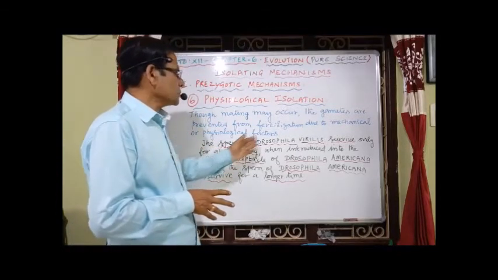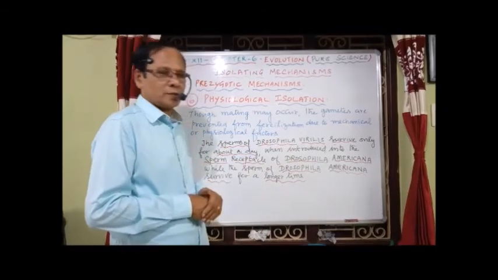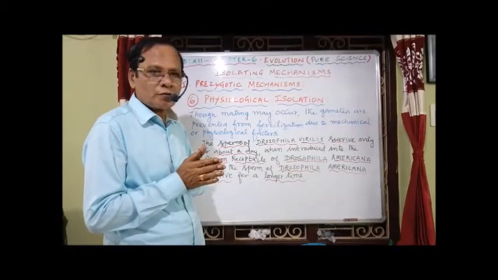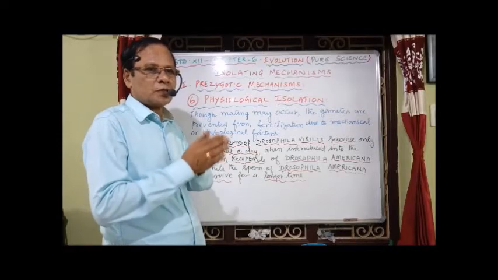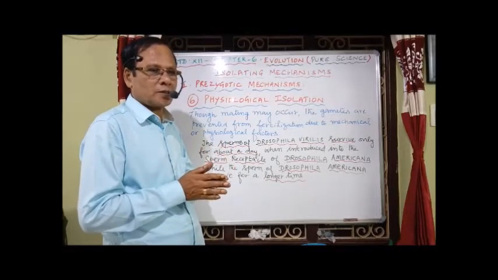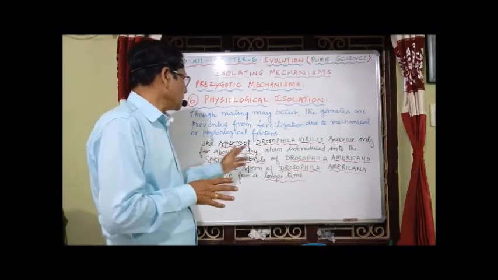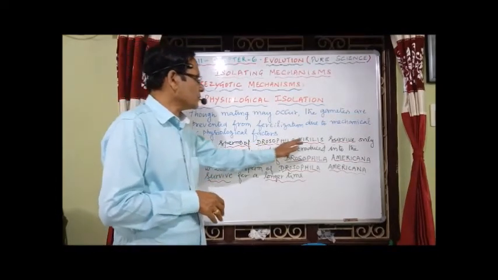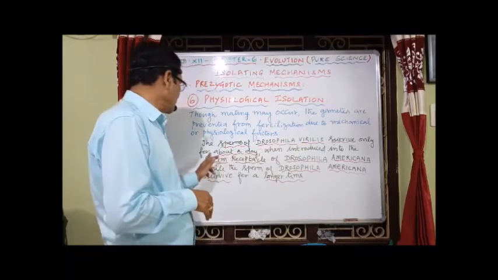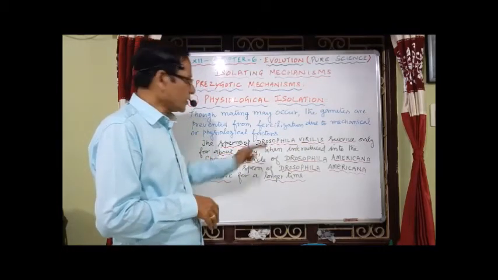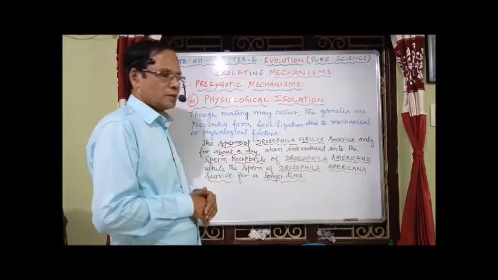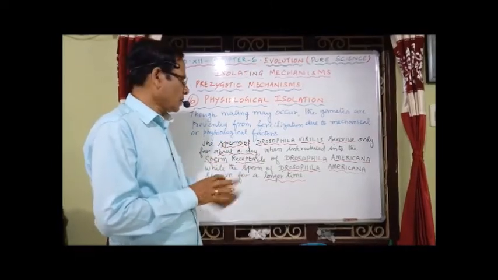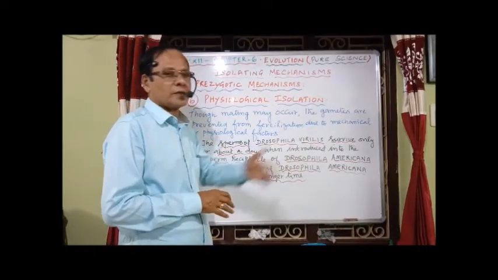The sperms of Drosophila virilis, one species, when introduced into the female body and stored in the sperm receptacle, survive only for about a day when introduced into the sperm receptacle of the female Drosophila americana.